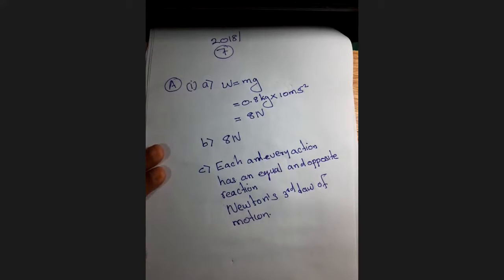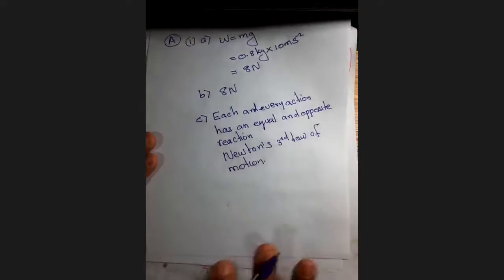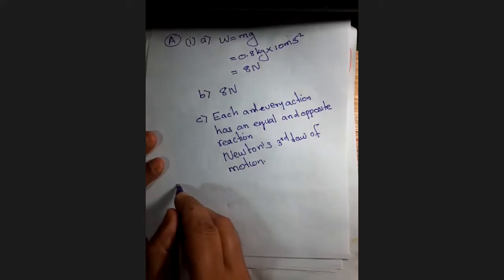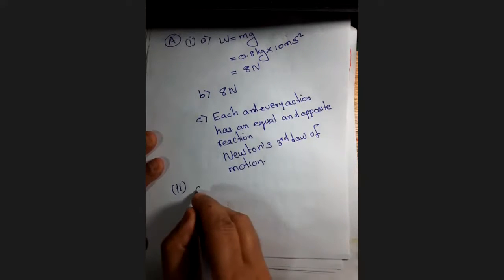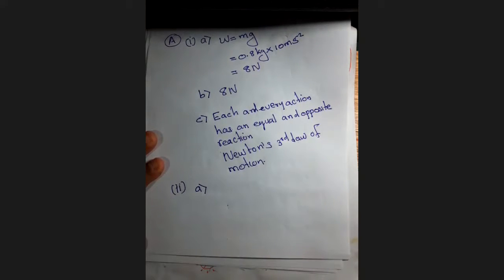Now coming to the Roman number 2, A part. You are given a diagram of points A and B which is suitable to apply a force in order to move the block of wood horizontally on the table as shown in the figure.